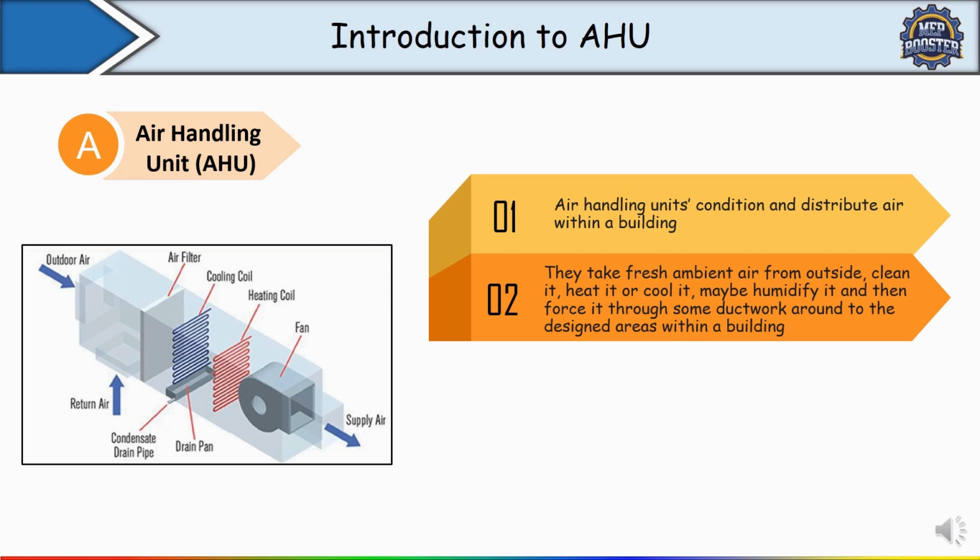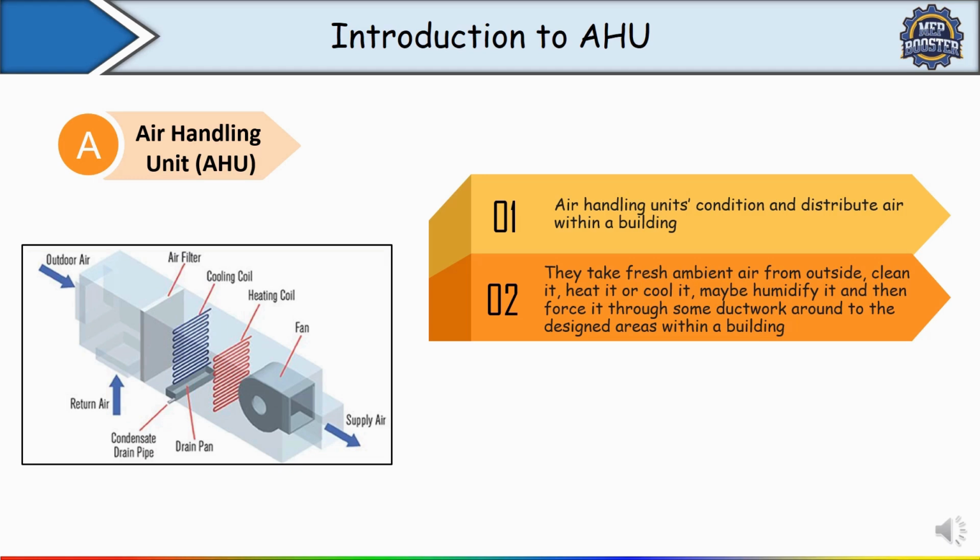In a commercial office building, generally the AHU may be installed in a mechanical room and connected to ductwork. It takes fresh outdoor air in and return air from inside the building. After filtering, cooling and dehumidifying the air, it circulates the conditioned air throughout the building.